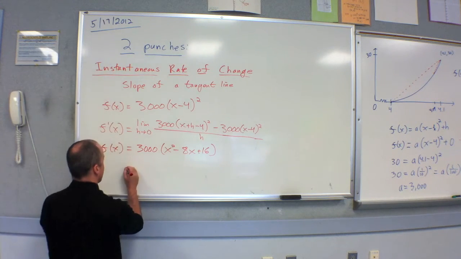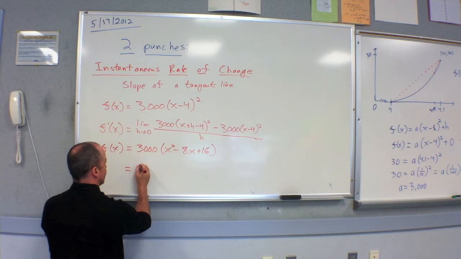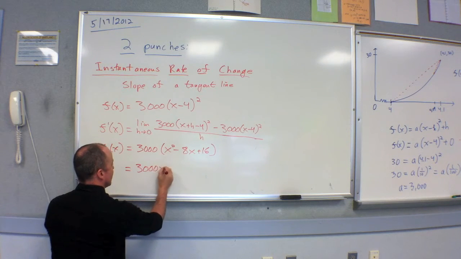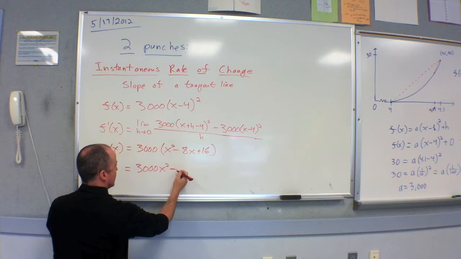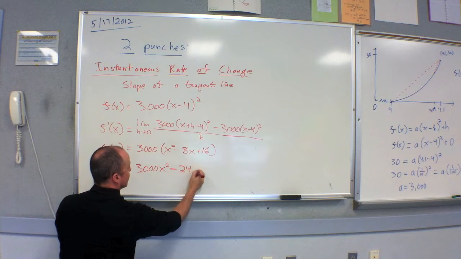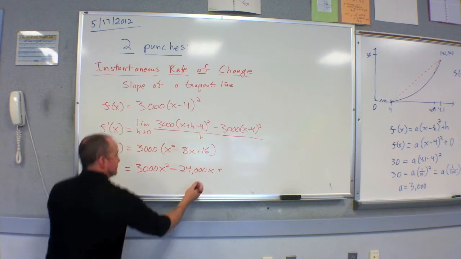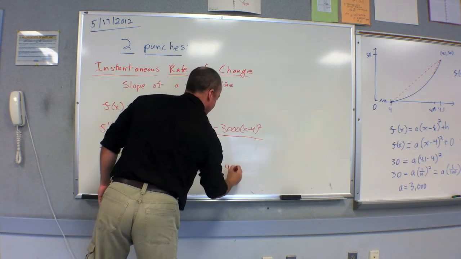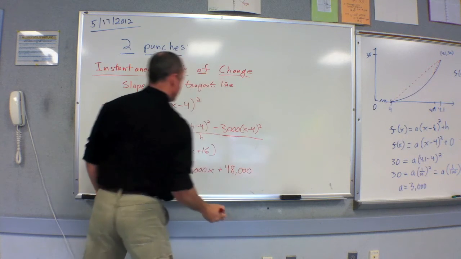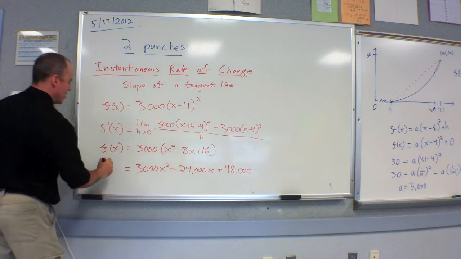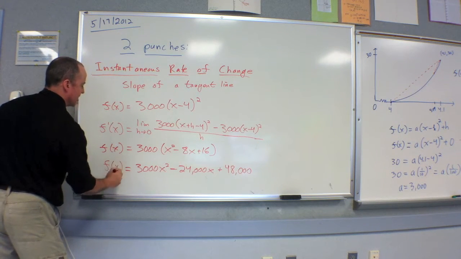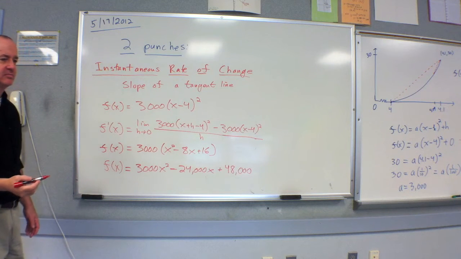Now, I'm going to say that f of x equals 3,000 x squared minus 24,000 x plus 48,000.